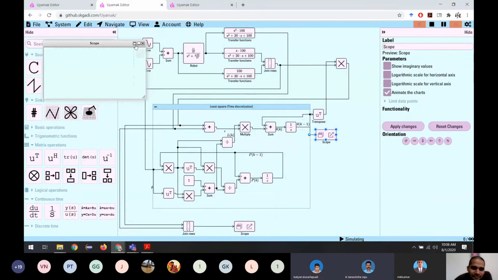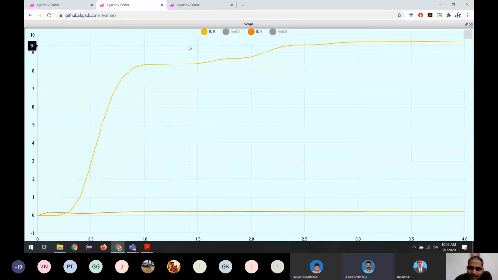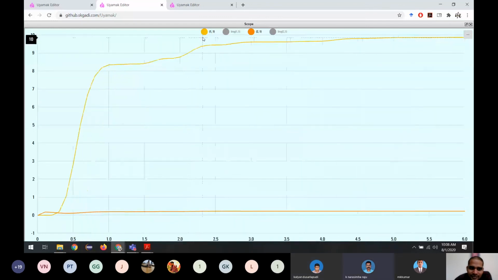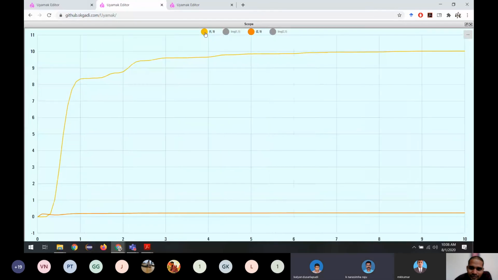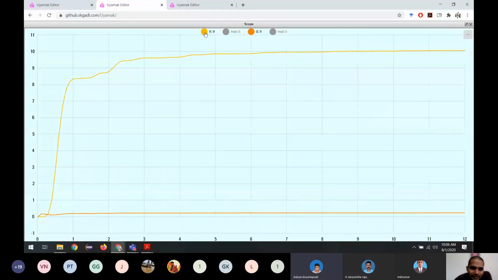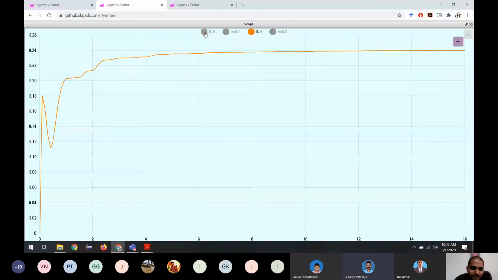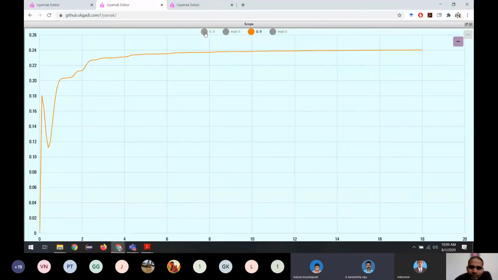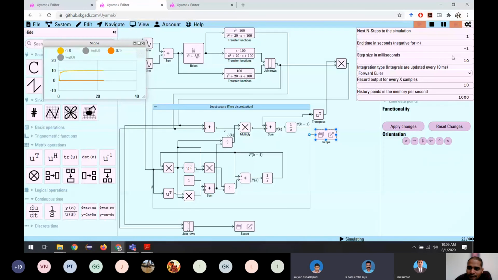Even with 10 milliseconds, the results are a little different, but it's estimating. It's coming closer to 10, and this value is going to 0.24. So if we have better sampling, the result will be much better.